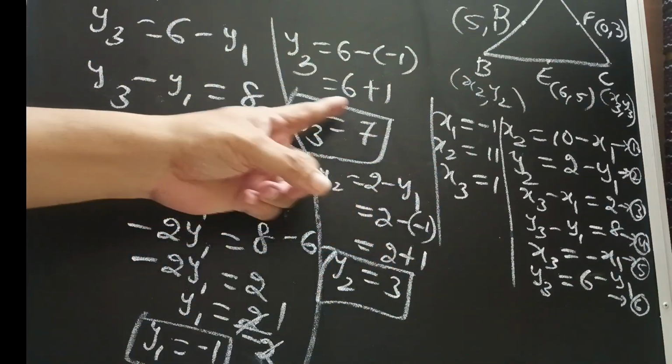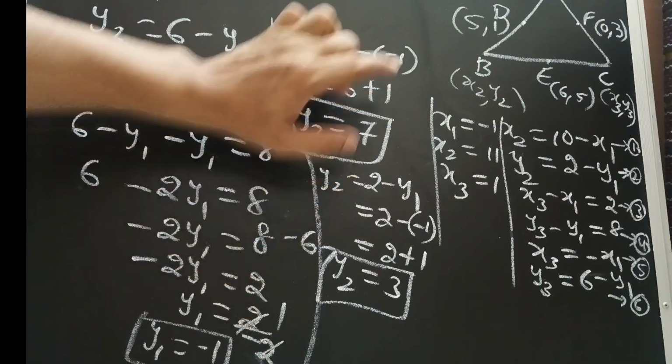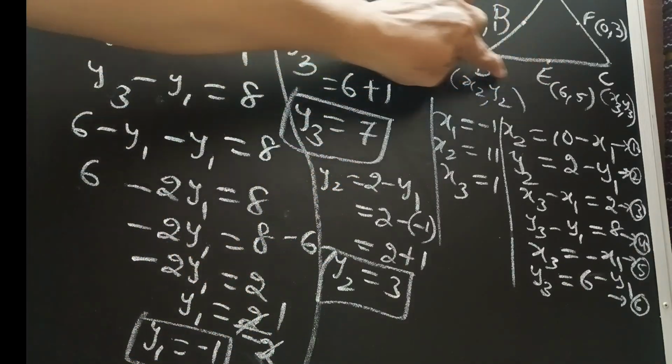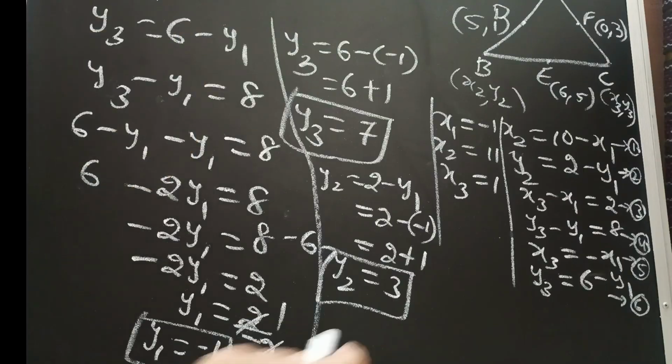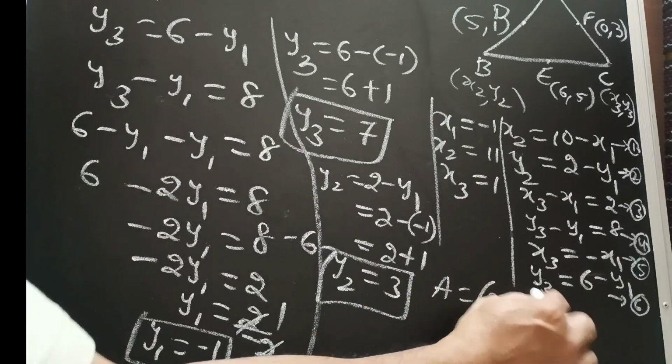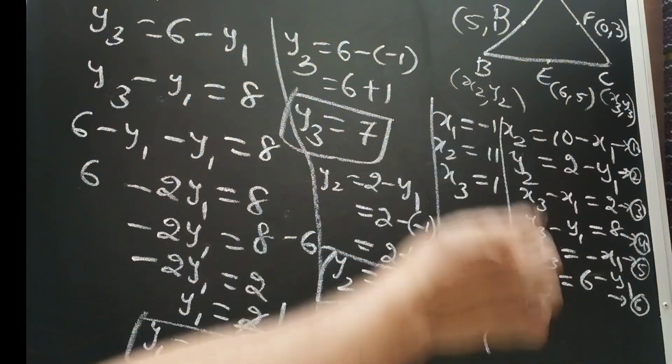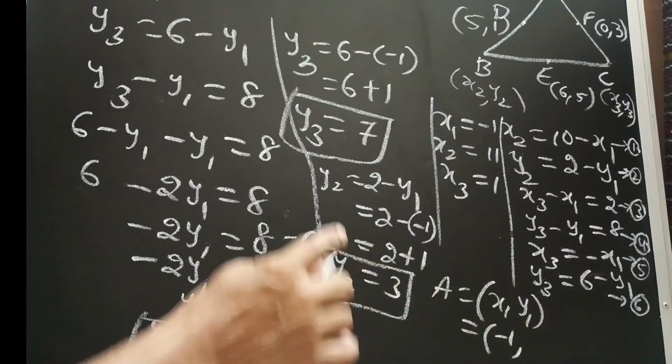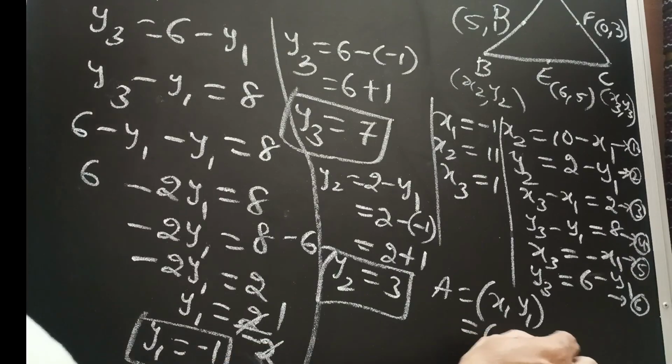Here we got x values and here we got y values. Take all these values and substitute here, you will get a, b, c values. So a, the coordinates of a is equal to x1 comma y1, which is x1 is minus 1 and y1 is minus 1. So these are the coordinates of a.